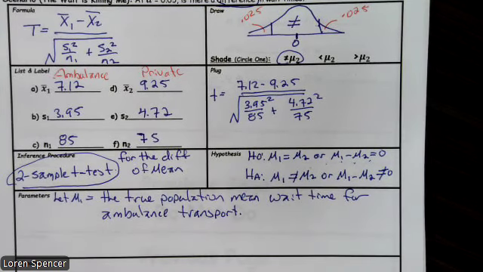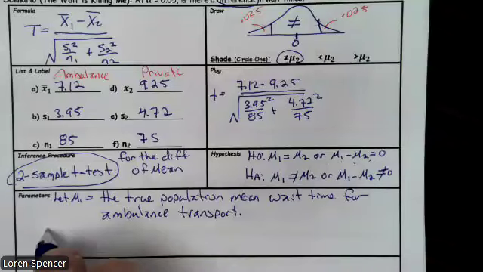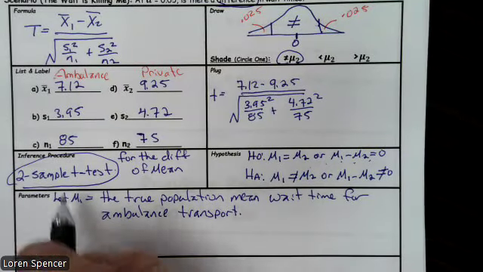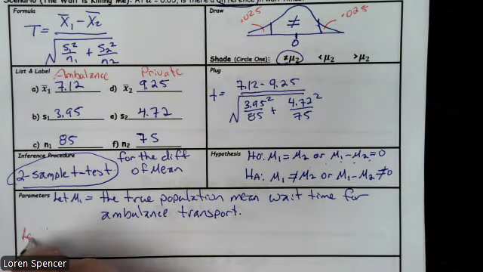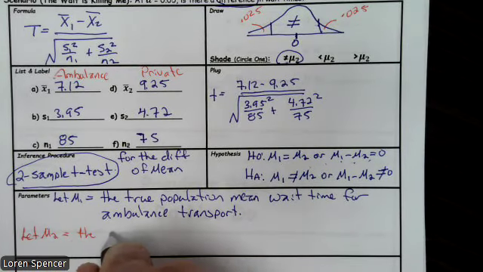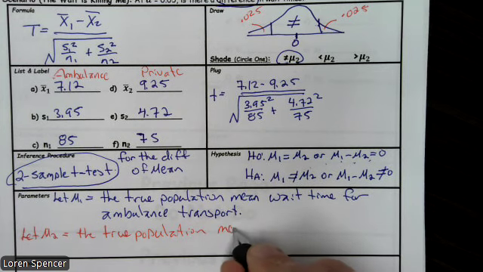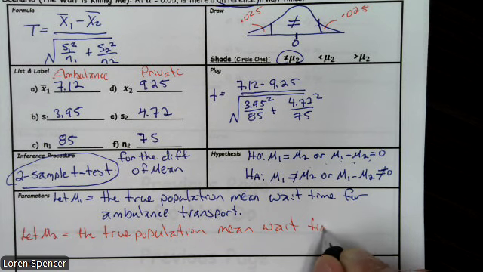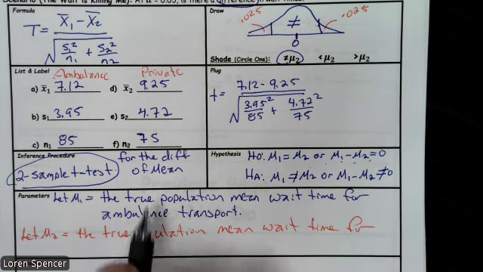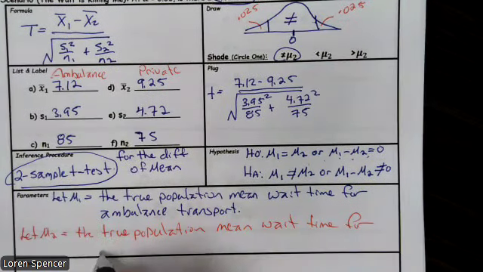And I'm going to let mu2 equal the true population mean wait time for private transport.